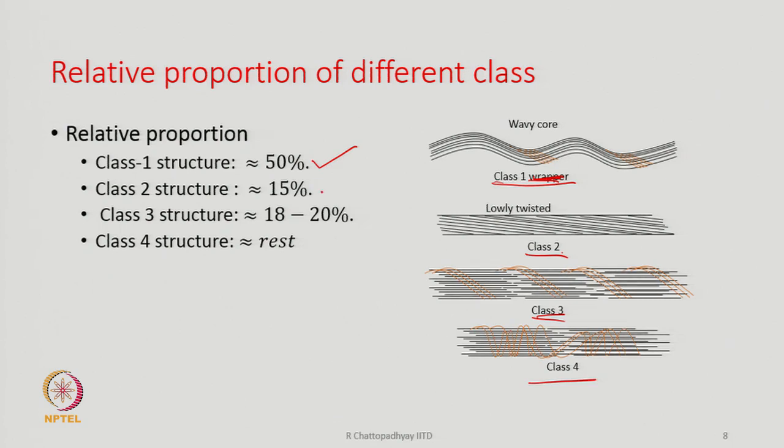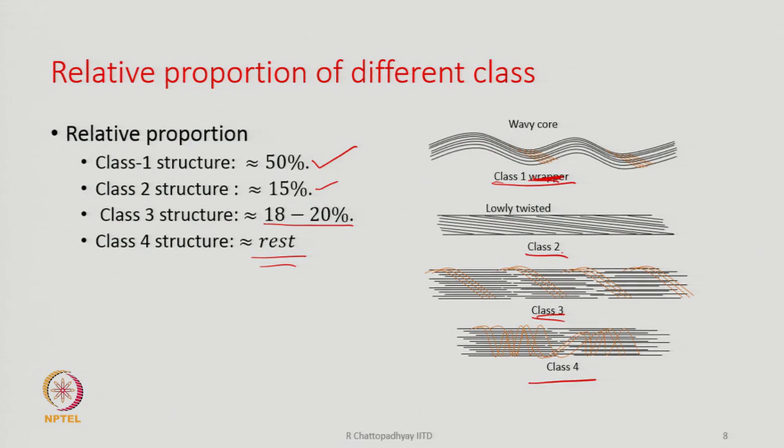Class 2 type of structure will be roughly around 15%, class 3 type of structure is 18 to 20%, and class 4 type of structure is the rest. So, some researchers have found that these are the 4 different types of structures and these are their relative proportions. So, the major part of the structure looks like class 1, that is, the core is twistless, but it is a little crimpy, and there are wrappings at regular intervals.